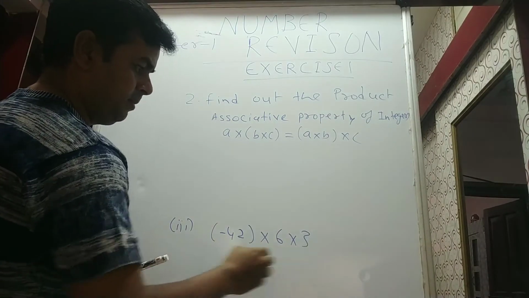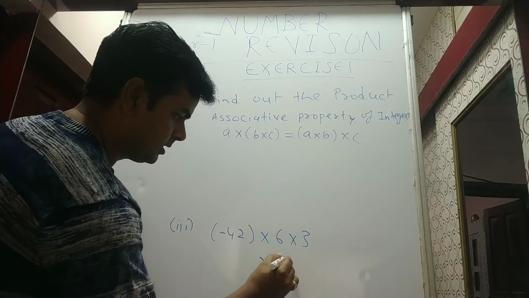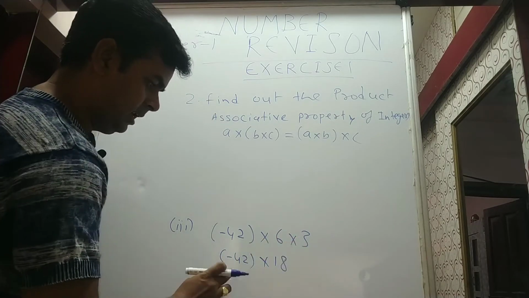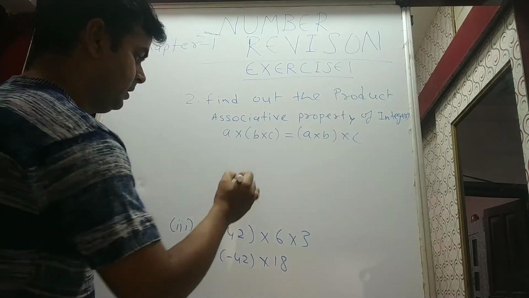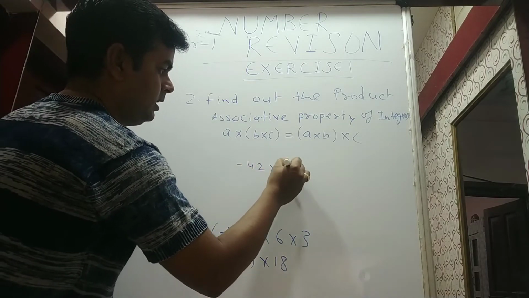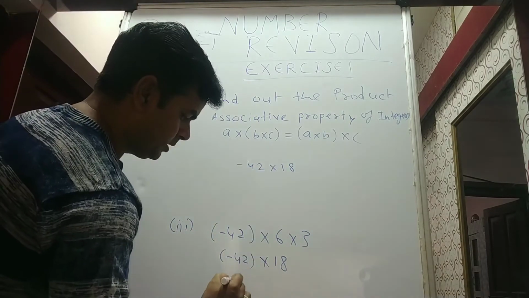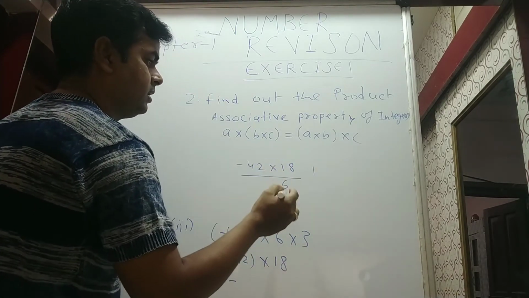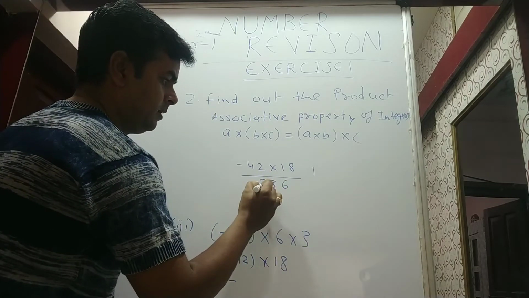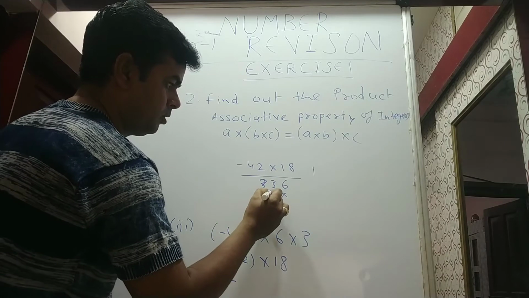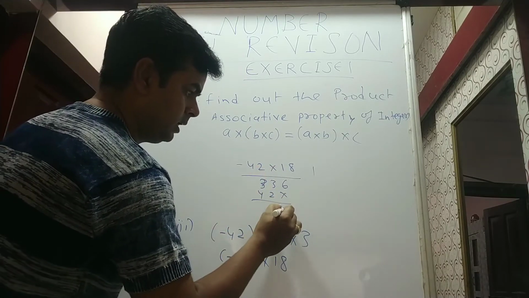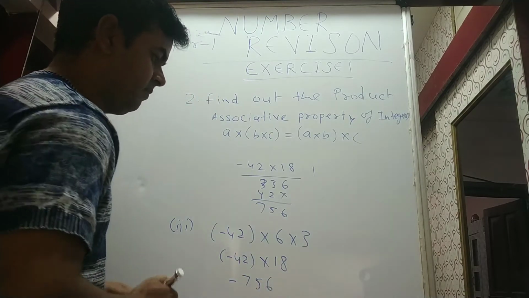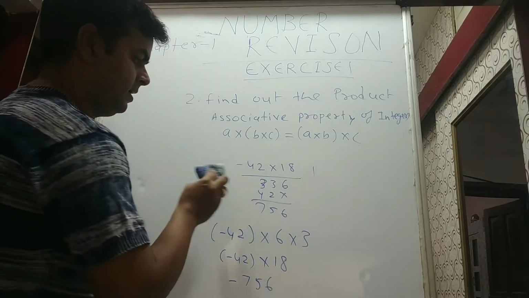This is also multiplication, so we'll multiply this first: 6 3s are 18. Now it becomes easier for us, right? So minus 42 into 18. Firstly, minus into plus becomes minus, so our answer will be in minus. Let us multiply this. 8 2s are 16, 8 4s are 32 and 1 is 33. 1 2 is 2, 1 4 is 4, 6 5 is 7... So our answer will be minus 756. Now this becomes easier, right?